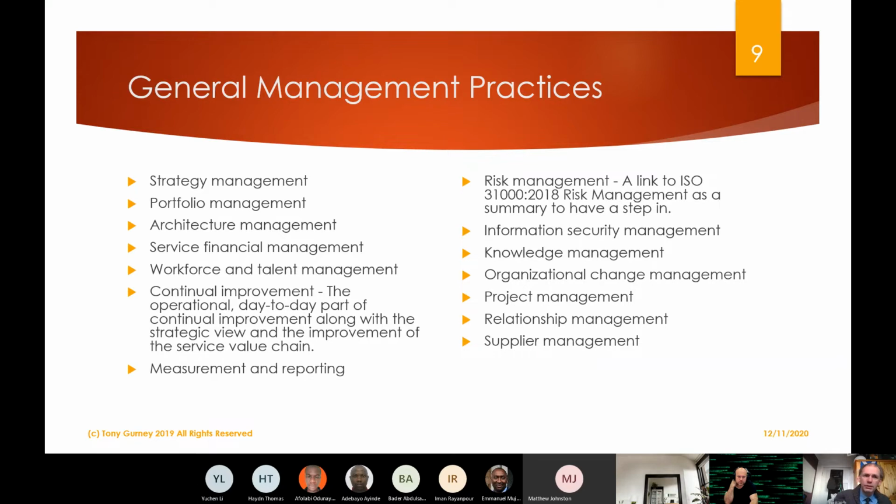So it's in there as a general management practice. We've talked about continual improvement and measurement and reporting. How do we know if we've improved if we can't measure it? So there are all those things on there that all need to be thought about, and hopefully you have some sort of evidence that you've done these things.